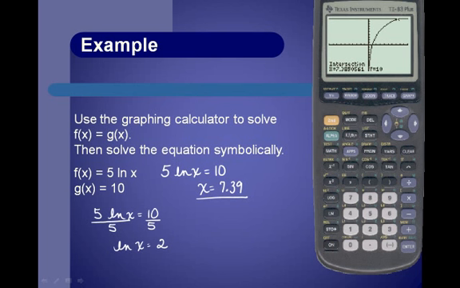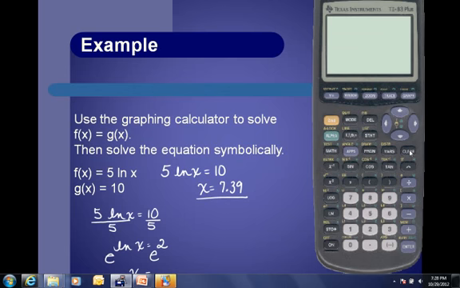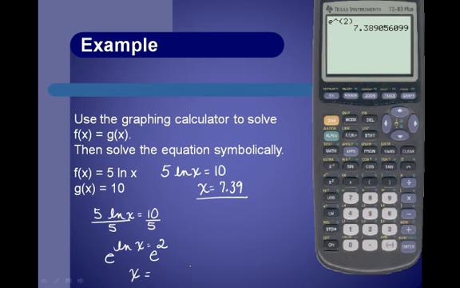Because it's natural log, the base is e, so we're going to do both sides base e. Well, e to the natural log of x is just x. Then we get e squared. So we're going to do second e to the power of 2. And we get 7.389, or again, x is equal to 7.39.